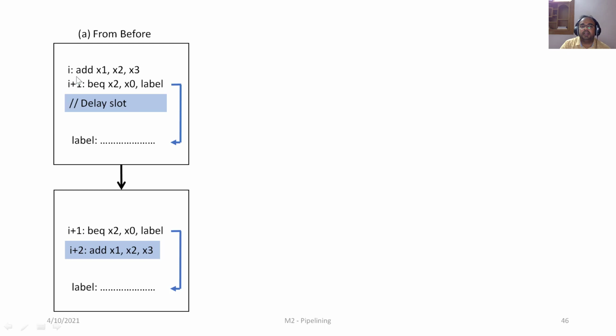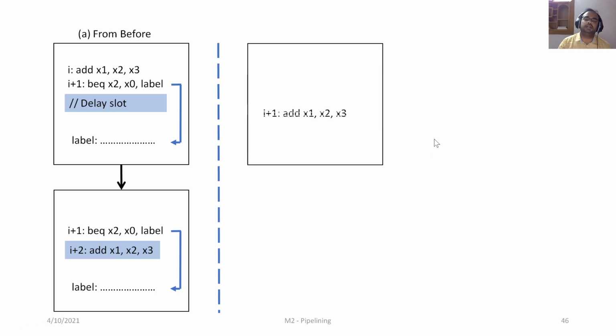And let's say if the value of x1 is being used somewhere after the label, meaning the target of this branch, the same thing would happen because the add instruction here gets executed even if the branch is taken. So whether the BEQ condition x2 equals 0 is satisfied or not, the add instruction gets executed and the correct value of x1 will be used by both taken and not taken paths.